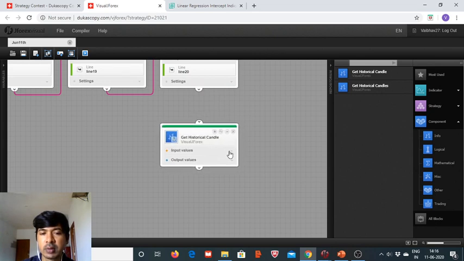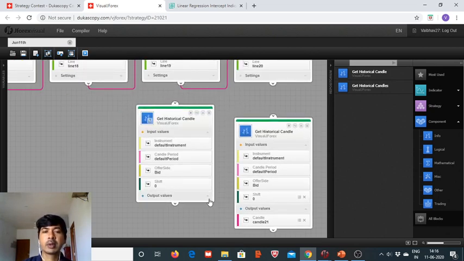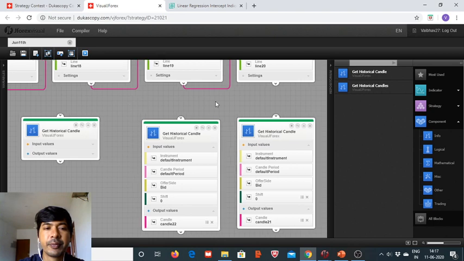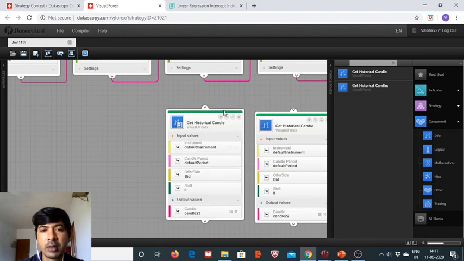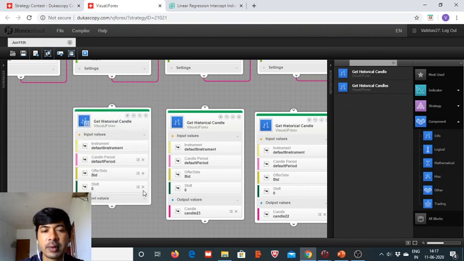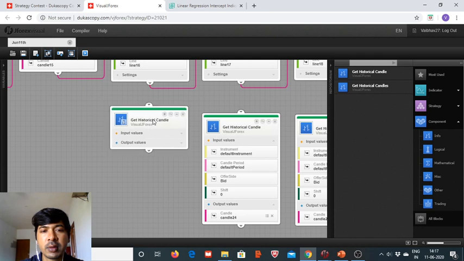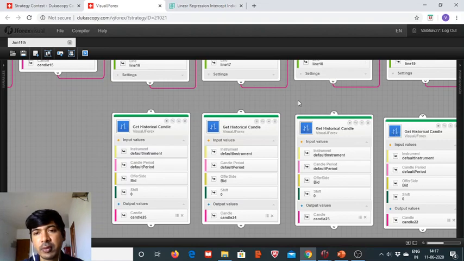So here comes 1, candle 21, candle 22, second, candle 23, third, candle 24, fourth, and here is fifth, candle 25.